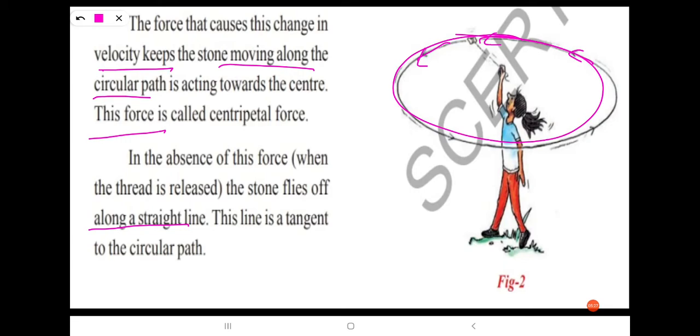This line is a tangent to the circular path.